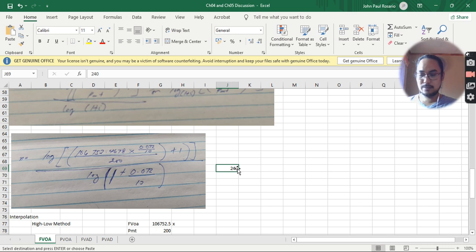So log of 1 plus 0.072 over 12. Why is there an error? Oh, sorry. Okay.